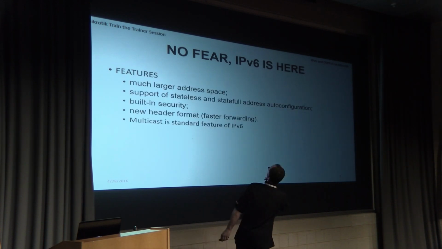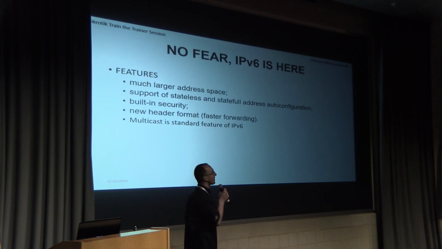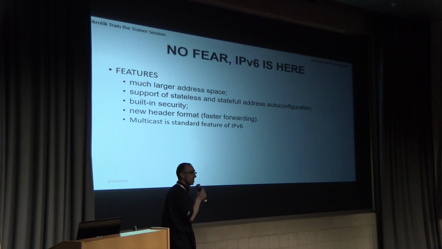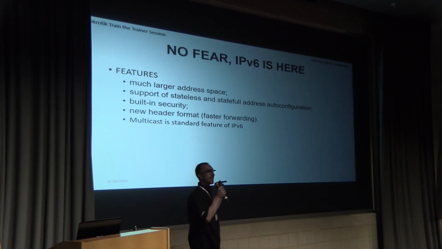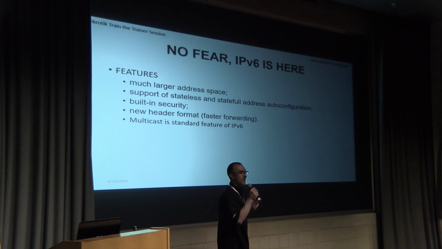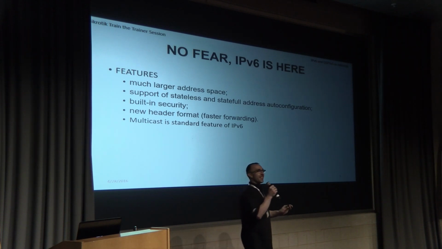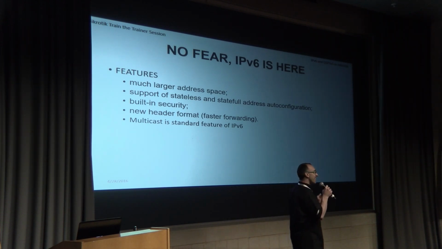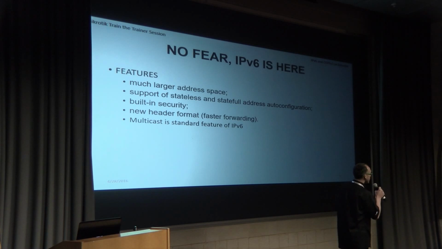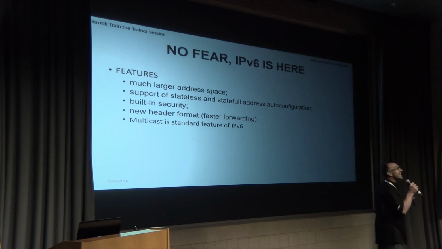So, let's see what happens with IPv6. Some of the features: IPv6 has a lot of addresses. And when I say a lot, I mean a lot. We have something like 3 undecillion addresses available.